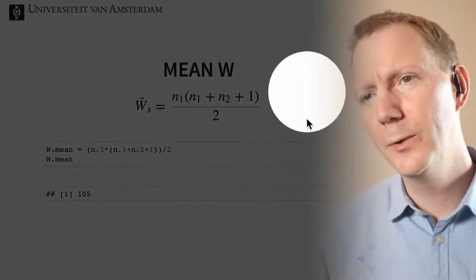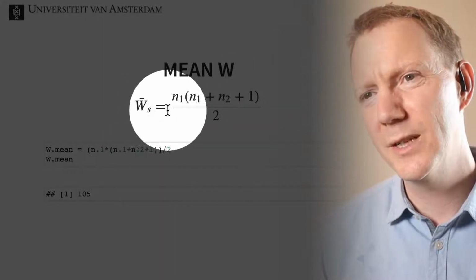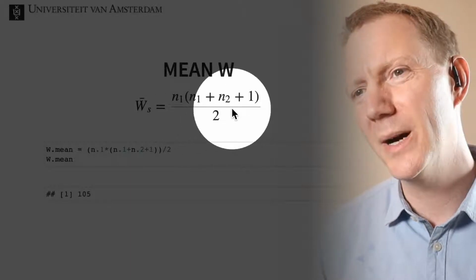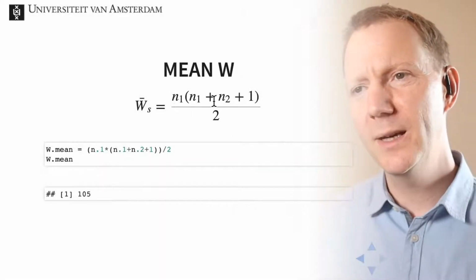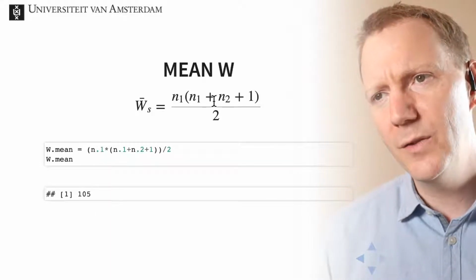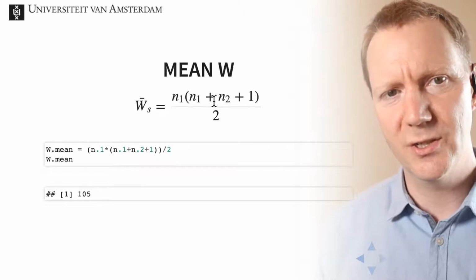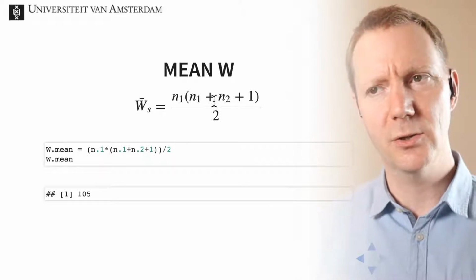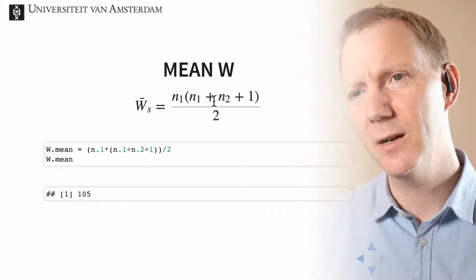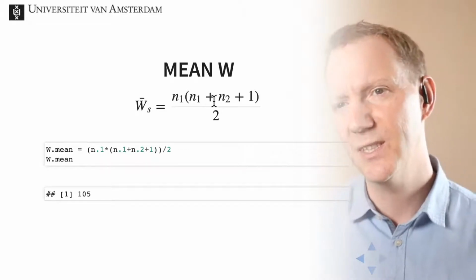We will not go into the details of why the mean is defined by this formula, but you only need to know that the division by 2 and the addition of 1 are constants, so they don't change. The only thing that could change in different samples is of course the sample size itself.